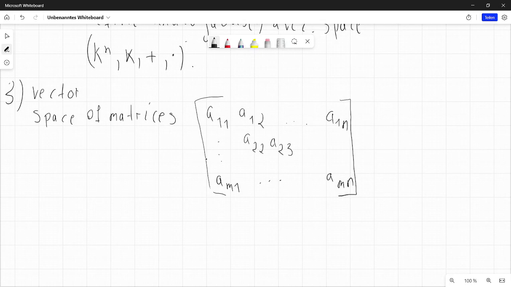And as you can see, we could just say there are m times n coordinates, and we could just write it as a vector: A11, A12, and you could also call that B1, B2, and so on until Bmn, so that this is actually an element of R^(m·n).